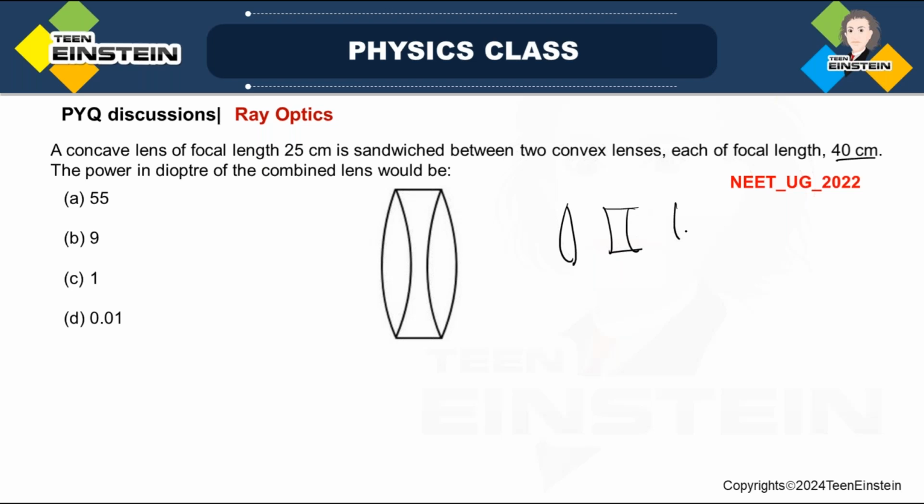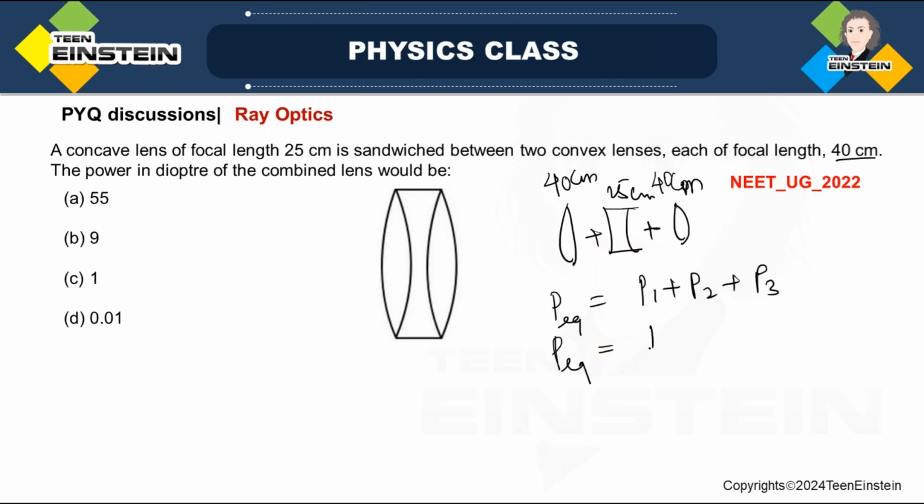Find the power in diopter of the combination. Here it is very simple. I will just take a combination of 3 lenses as we did for the previous cases. This has 40 centimeter, this has 40 centimeter, and this has 25 centimeter.